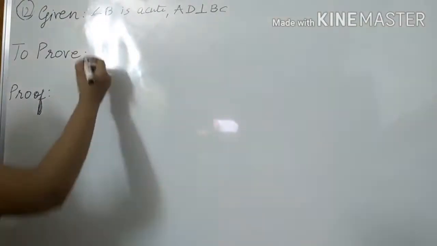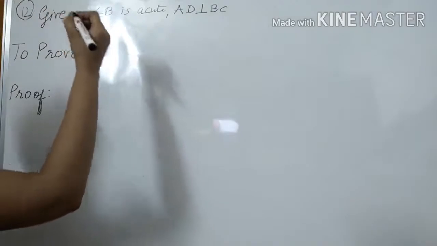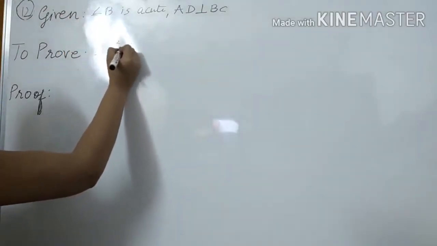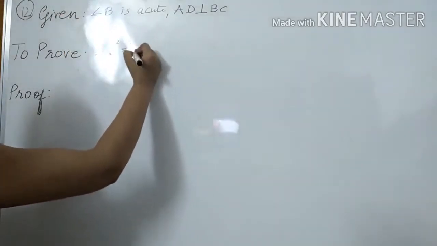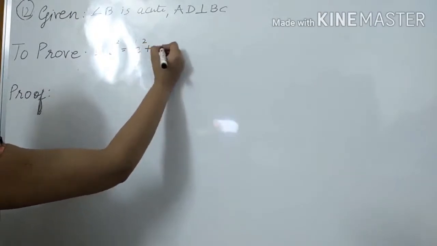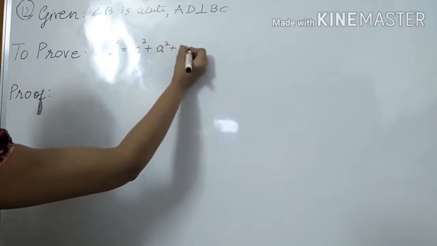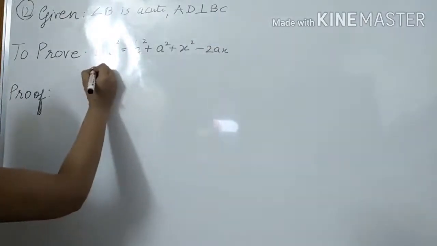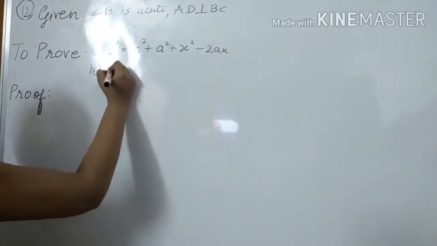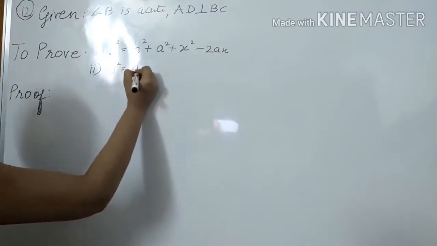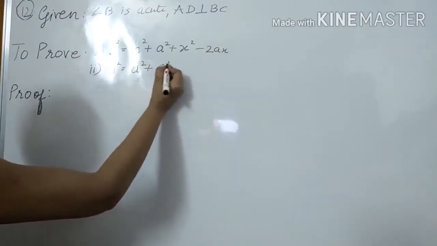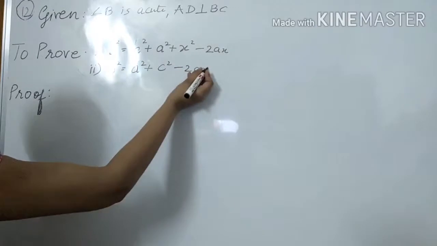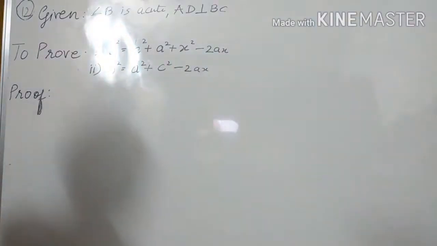Two things we want to show. So I write in the to-prove part, B square is equal to H square plus A square plus X square minus 2ax, and the second is b square is equal to a square plus c square minus 2ax. Figure already given in the question.